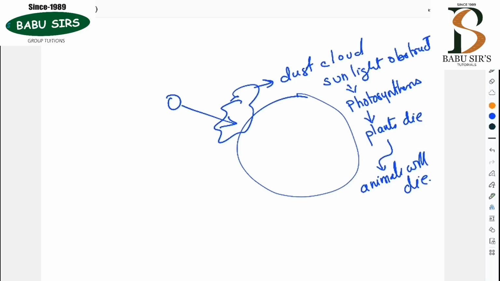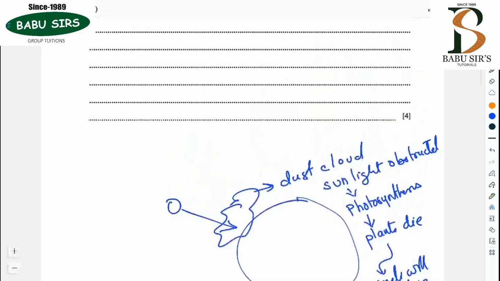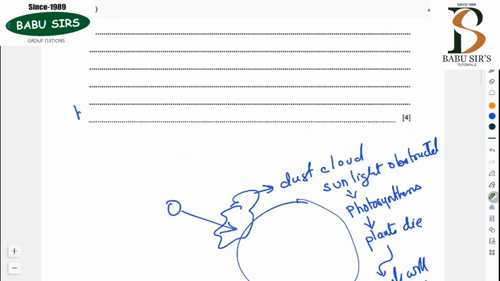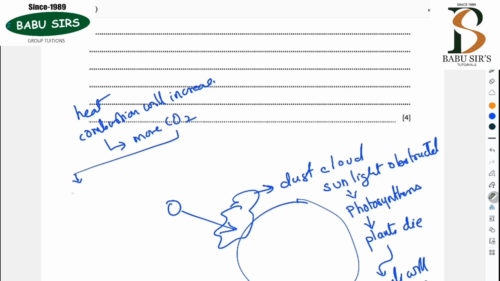Now the second effect might be because of heat. The combustion will increase. If combustion increases, there will be more CO2. Now CO2, as you see, is a greenhouse gas.